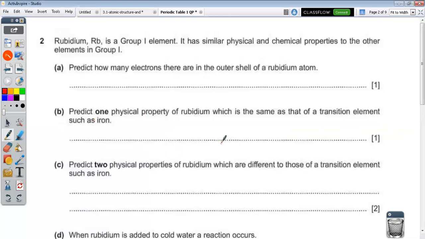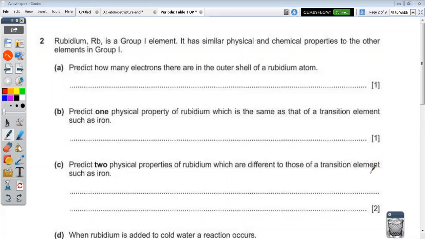Now let's look at number 2. Rubidium is a group 1 element.